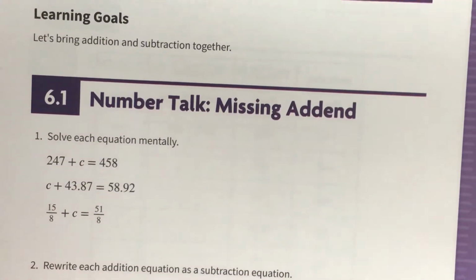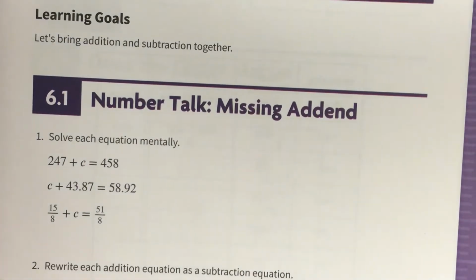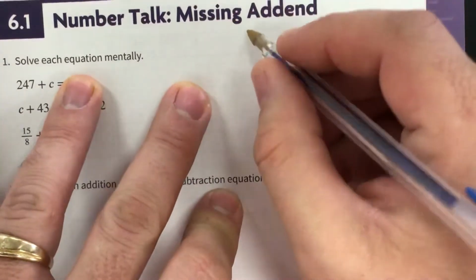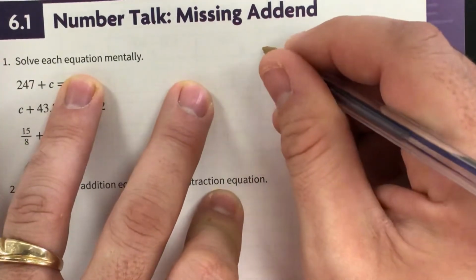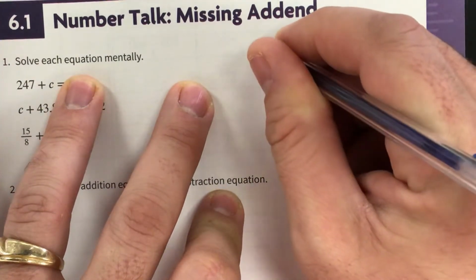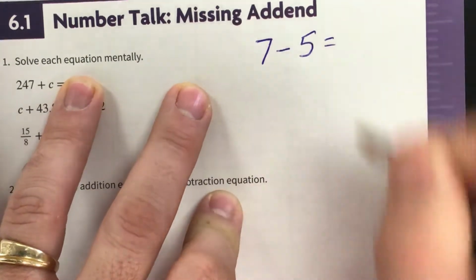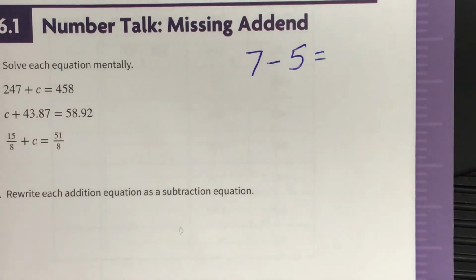Subtracting. Okay, so everything we've done thus far has been adding. And today we're going to talk a little bit about subtraction. One thing I want to make note of before we get too far, I kind of put this off to the side in your notes. If I have 7 minus 5, pretty simple, right?